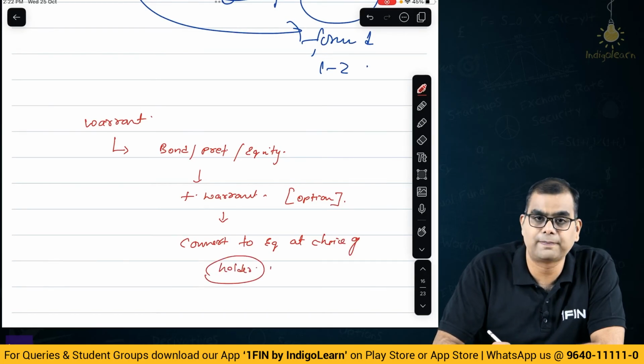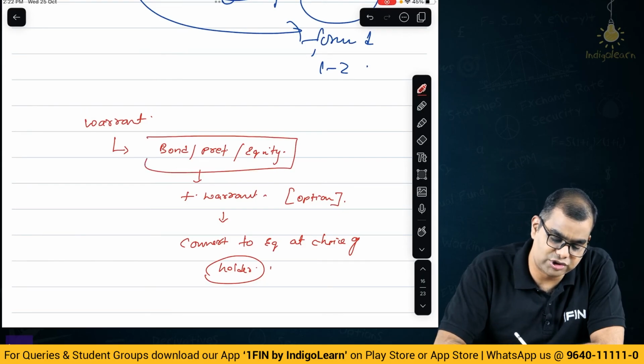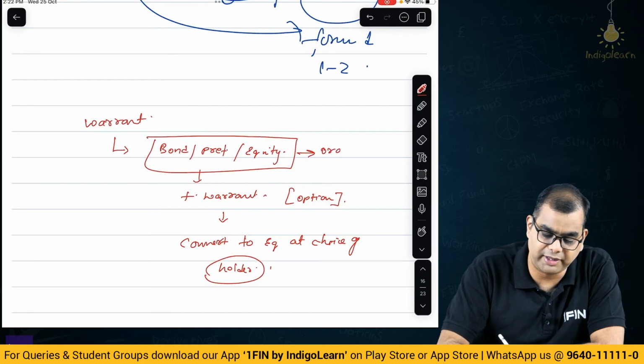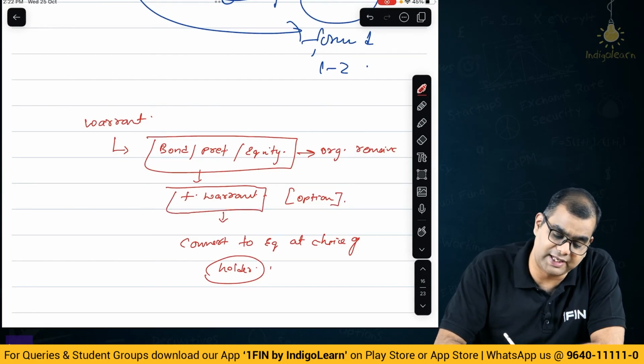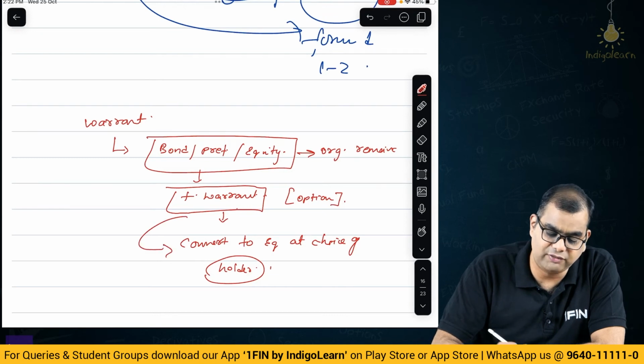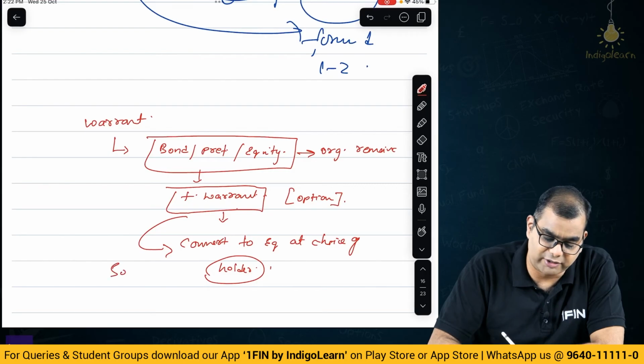So, in this, the original instrument will remain. There is our original security. There is a new security called warrant, or the security that is allotted along with the original security called warrant, that will convert into, or that will entitle one to subscribe to equity. Actually, I should not even use the word convert.